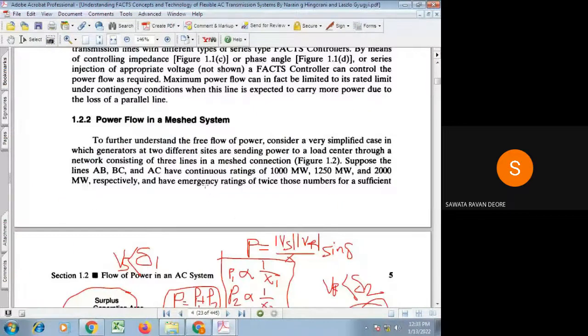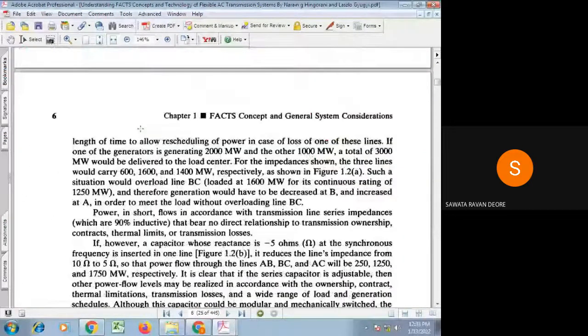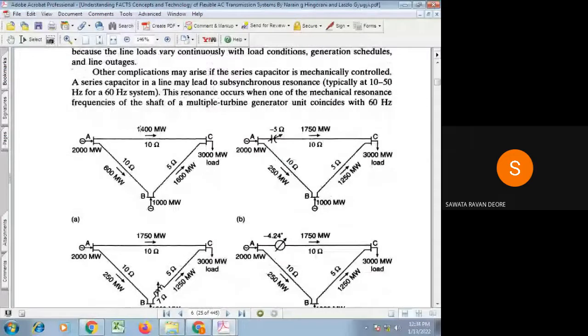If we consider a mesh network, as we all know, the electrical system has many transmission lines interconnected to each other at different buses, where the generators and loads are there. So here one example has been given, a 3-bus system.